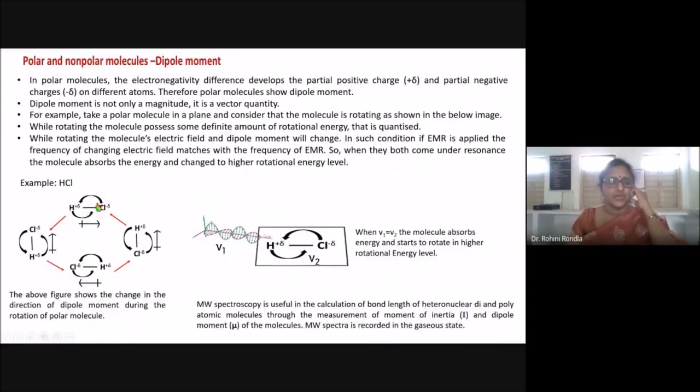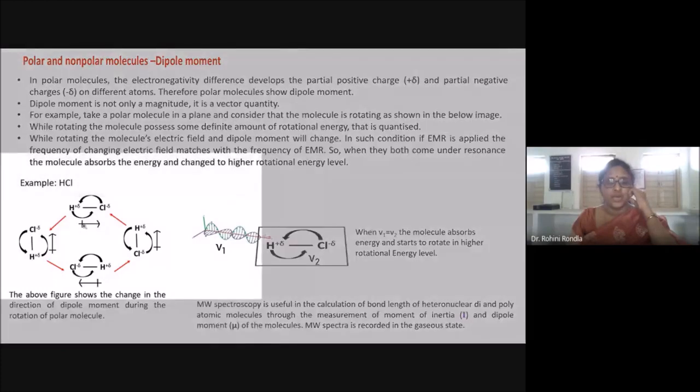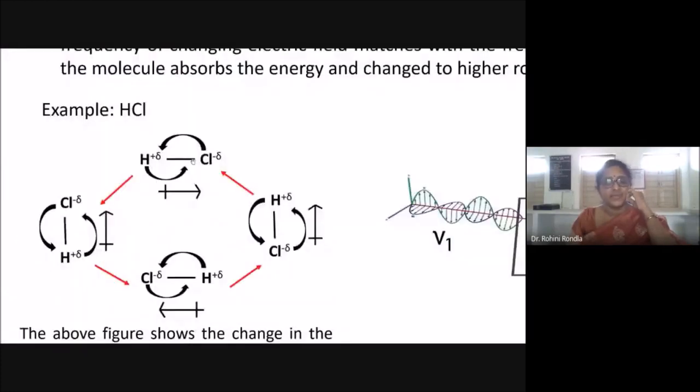So such type of molecules are called polar molecules. For example, HCl. Chlorine has high electronegativity than hydrogen. So there is electronegativity difference. If there is any electronegativity difference, this bonded electron will move towards high electronegative atom side. Therefore, partial positive charge and partial negative charge will develop on these atoms.